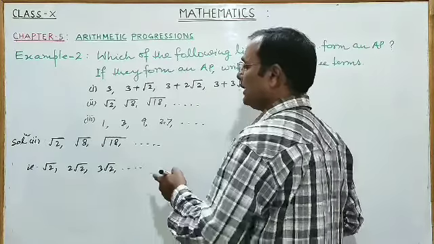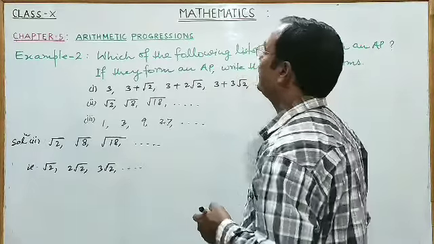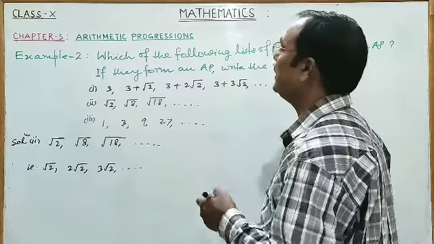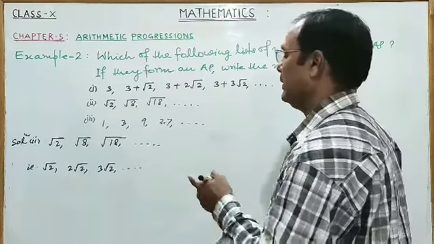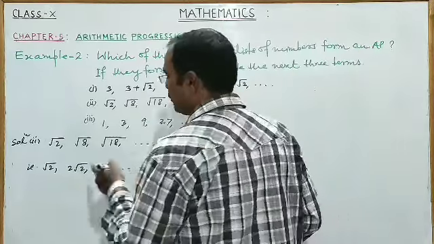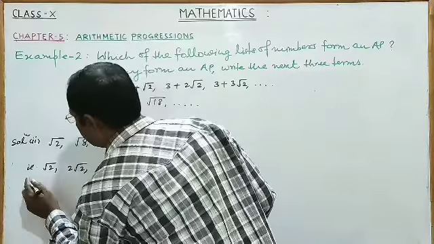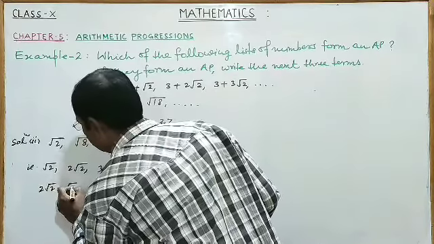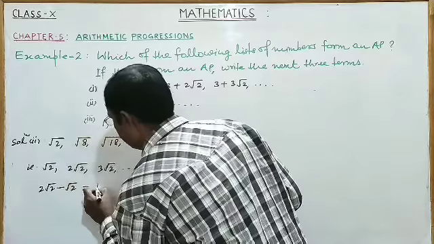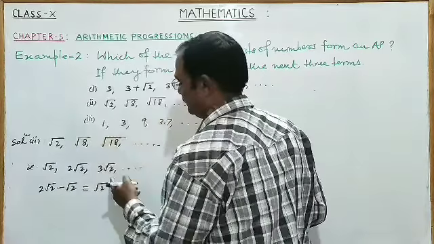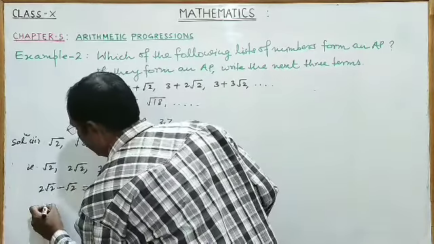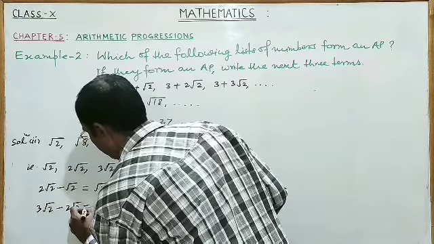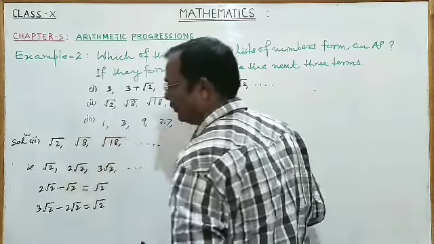To decide whether this given list forms an AP or not, we have to find the consecutive difference between the terms as 2 under root 2 minus under root 2 is equal to under root 2. 3 under root 2 minus 2 under root 2 equal to under root 2.